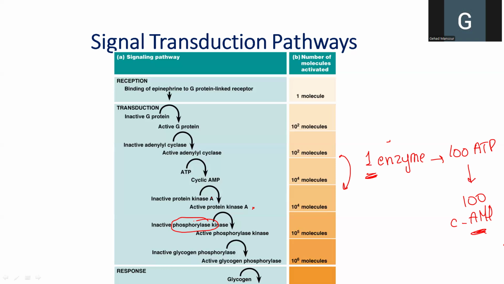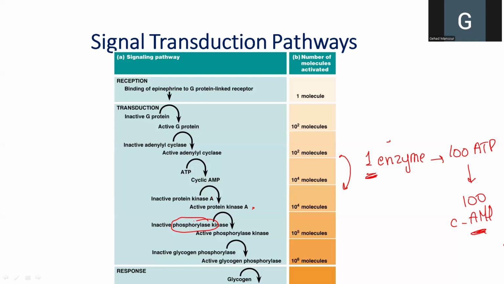You will never be asked to write this or to learn this by heart or to memorize the steps, but it's only about understanding the facts. What concepts can we deduce from this diagram? We can deduce that the signal transduction pathway occurs in 3 steps: reception, transduction, and response.